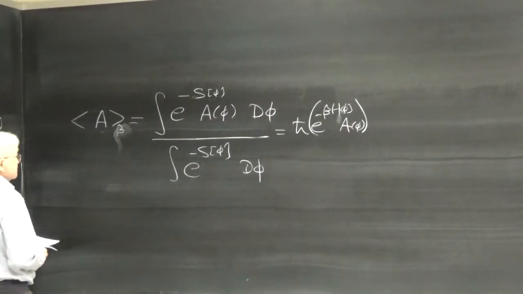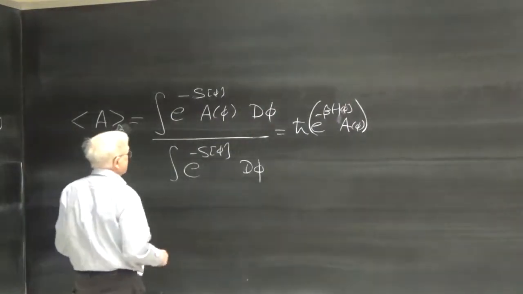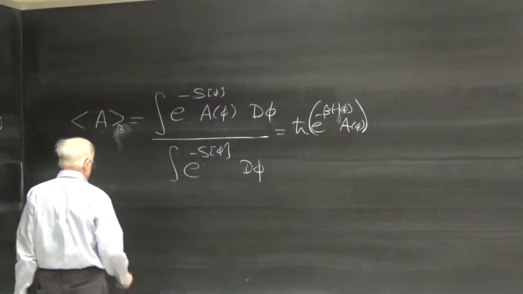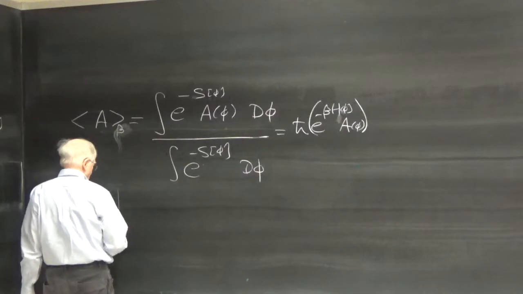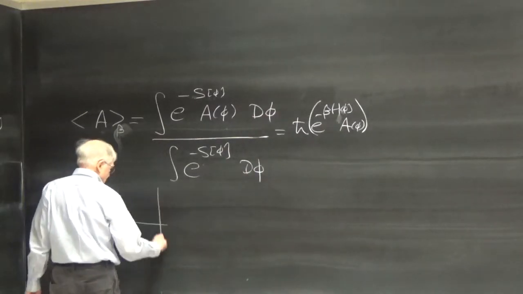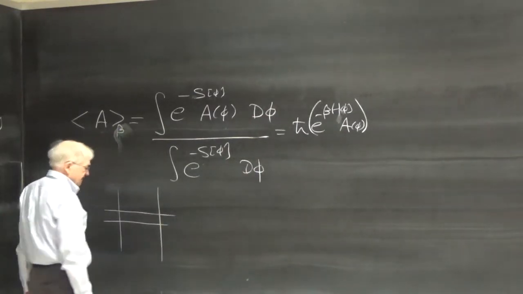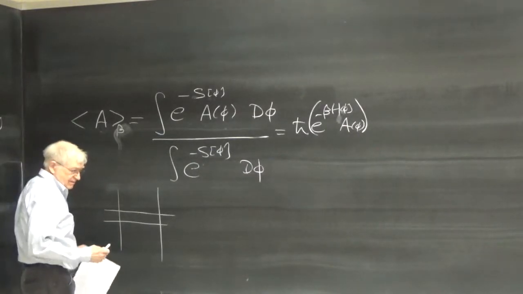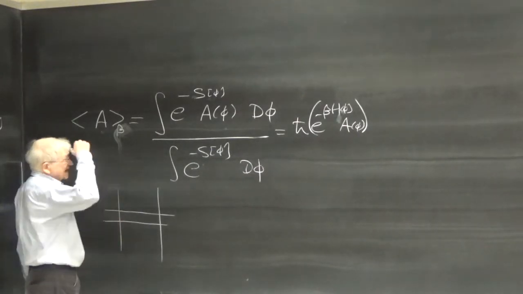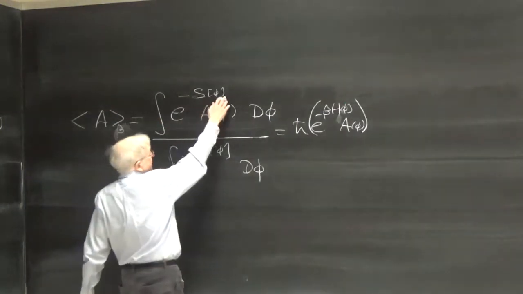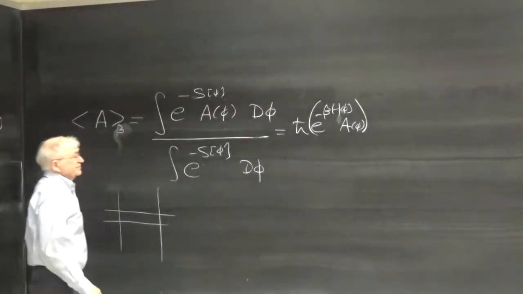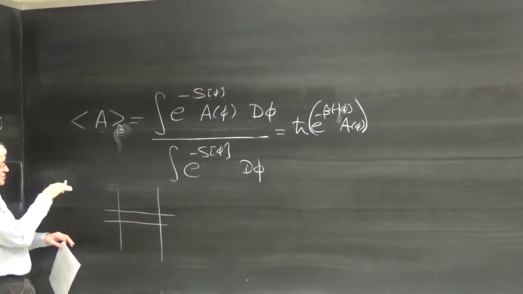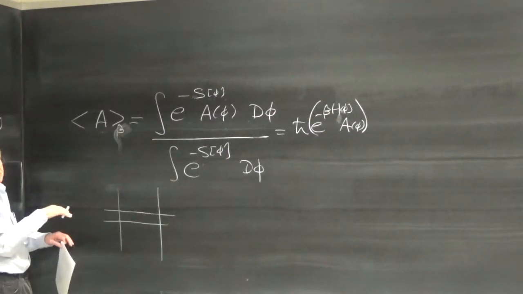So the question is, what do you do to approximate this on a lattice? And what you basically do is you divide space-time into a space-time lattice, and if you're in Euclidean space, then the direction in the t direction corresponds to inverse temperature.